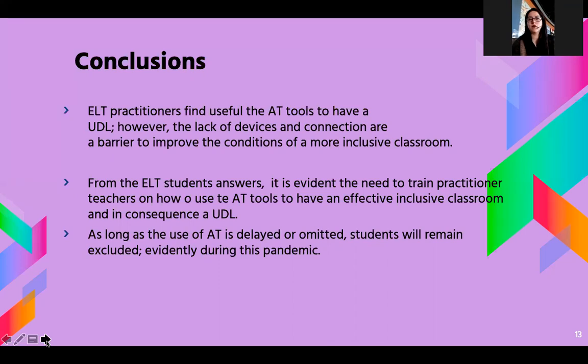According to the practitioners' answers, it is evident that there is a need to train teachers and also practitioners on how to use all of these assistive technology tools to have better results, to have effective inclusive classrooms, and in consequence, a universal design for learning.